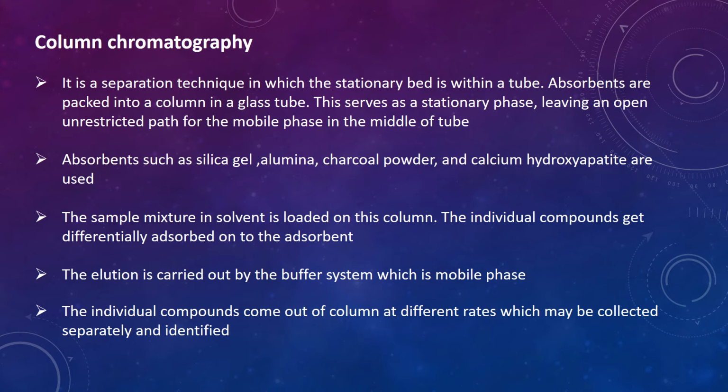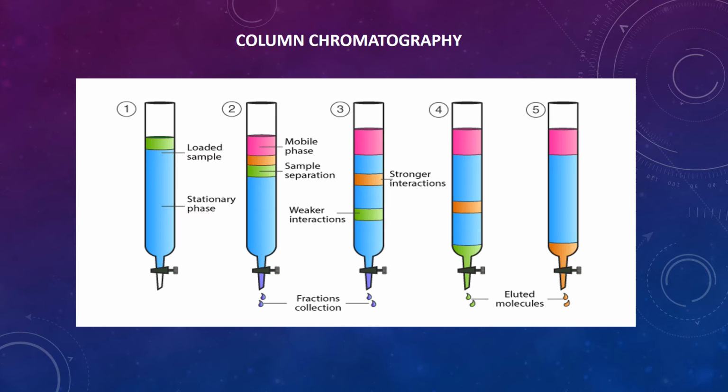To increase the flow rate of the mobile phase, a pump or a compressed gas like argon or nitrogen can be used, and the individual compounds come out of the column at different rates, which may be collected separately and identified. You can see in this picture that in the first one the sample is loaded and the stationary phase is also there.